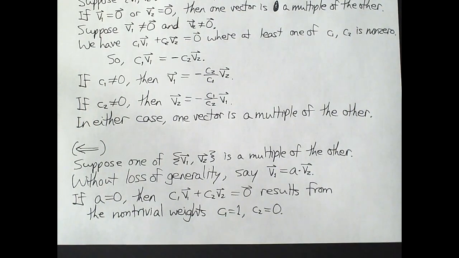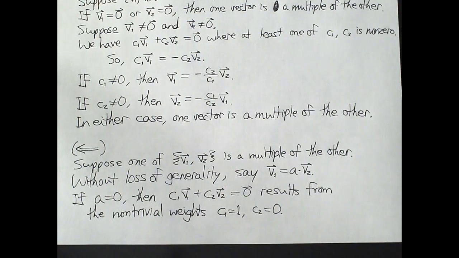Here's the idea. If A is 0, then V2, we don't know what V2 is, but V1 is the 0 vector, right? Because it's 0 times something. So V1 is the 0 vector. Now, all we would have to do to get a linear dependence relation is maybe do a 1 here and a 0 here, and you would have 1 times the 0 vector plus 0 V2.